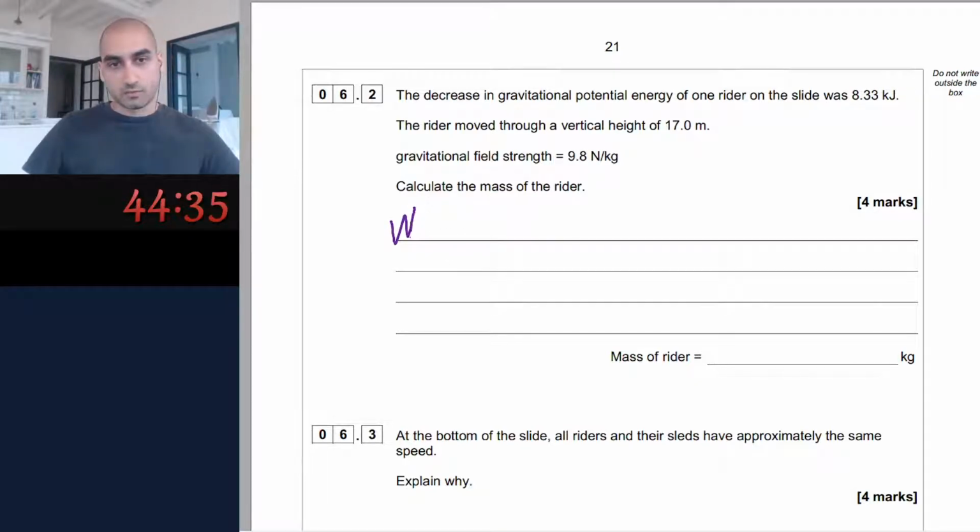Work, I remember this now. Work done equals force times dist.